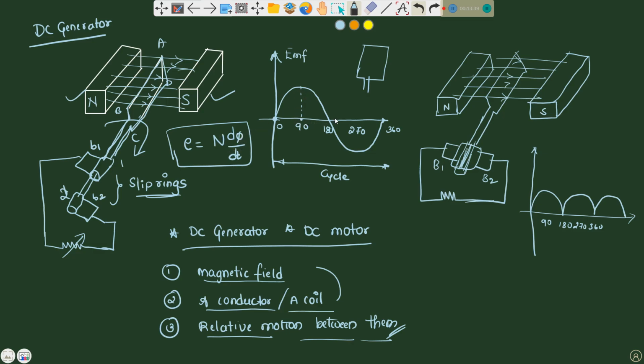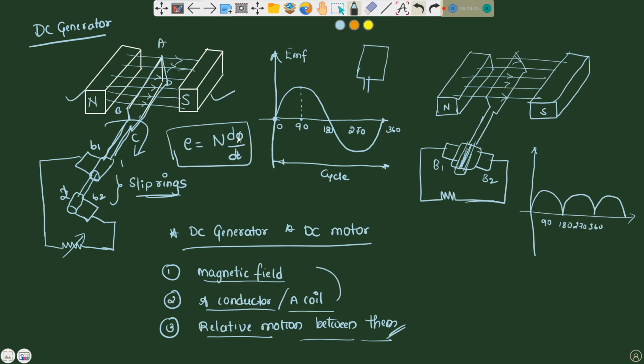Understood? So when the coil moves further to 180 degrees electrical, flux linkage is maximum and the rate of change of flux is minimum. The induced EMF similarly at 270 degrees will be maximum, but in the opposite direction. So this A, B, C, D will become C, D and B, A. Understood?